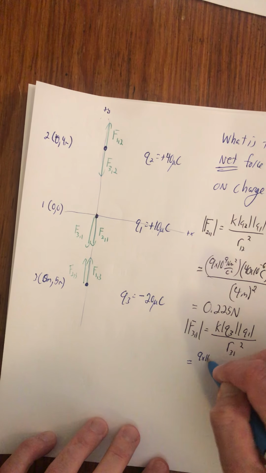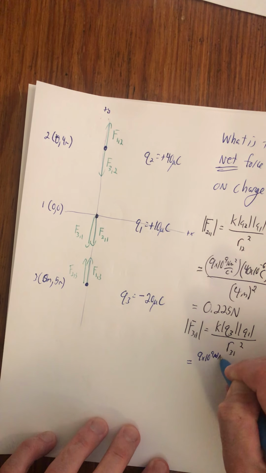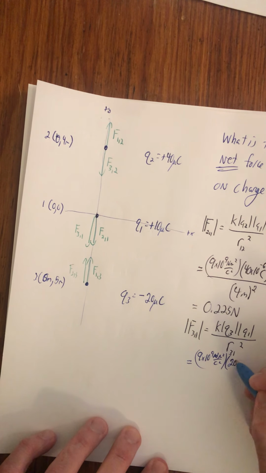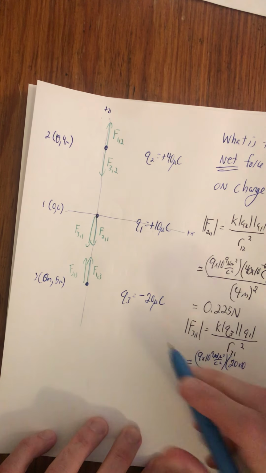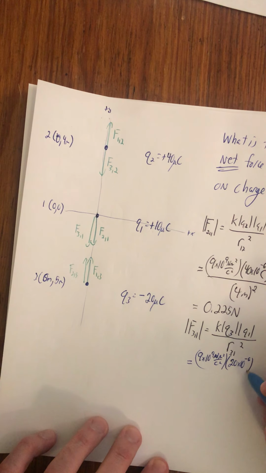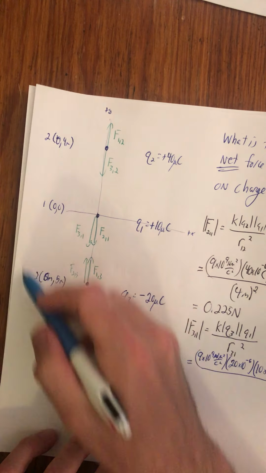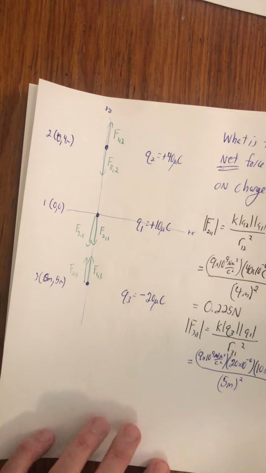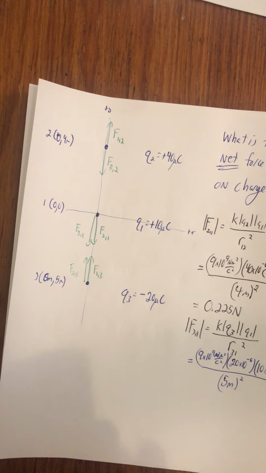So 9 times 10 to the 9th newtons meters squared over Coulomb squared, Q3, remember, just plugging in the amount of charge. I'm leaving out the sign because we're not dealing with signs here, because the signs don't say anything about direction except for the way we decoded it earlier, over 5 meters squared. All right, cool.